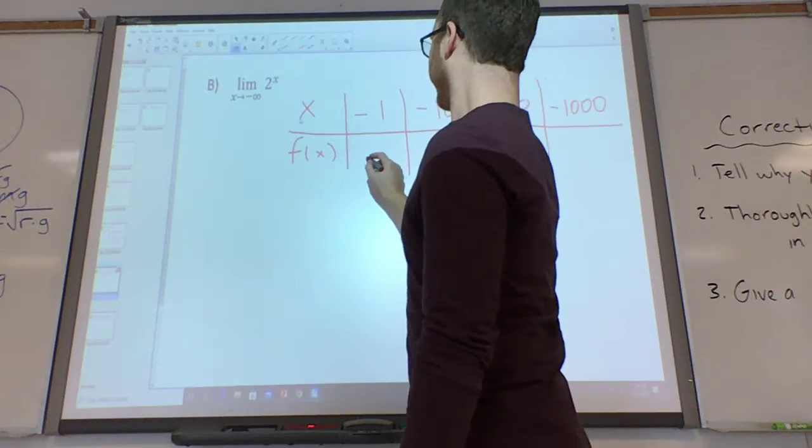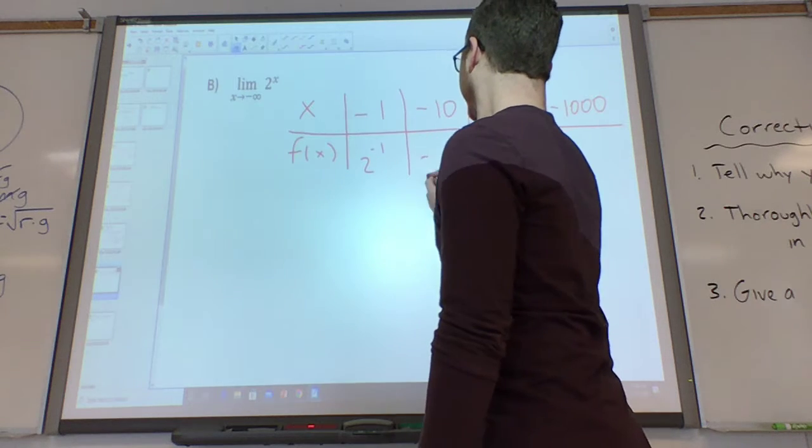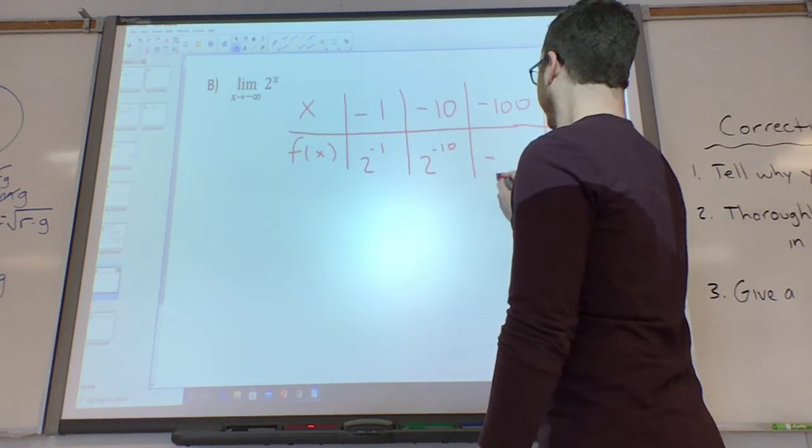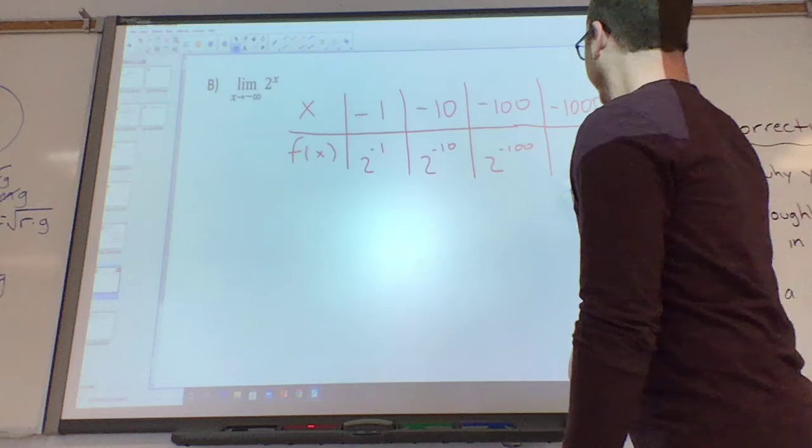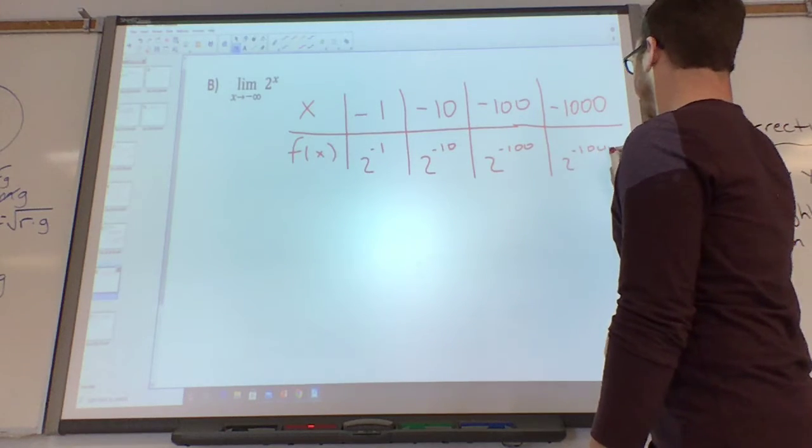And same thing, so we'll just do 2 to the negative 1, 2 to the negative 10, 2 to the negative 100, and 2 to the negative 1000.